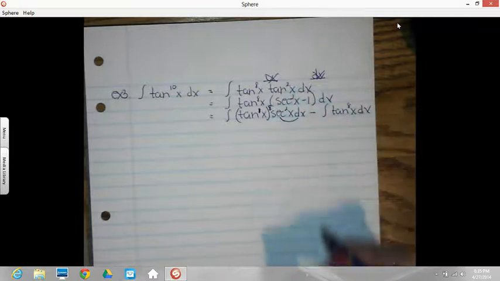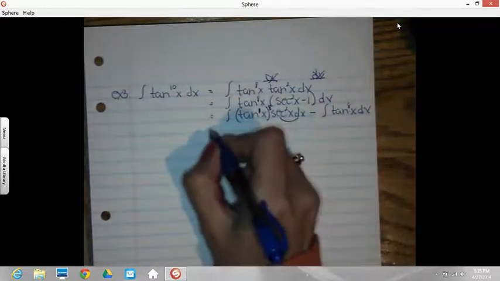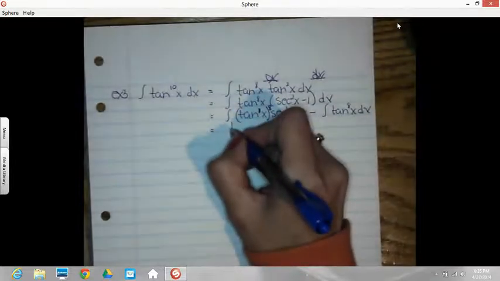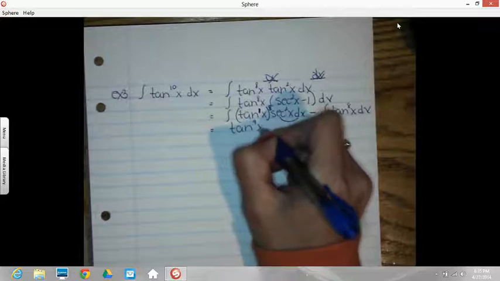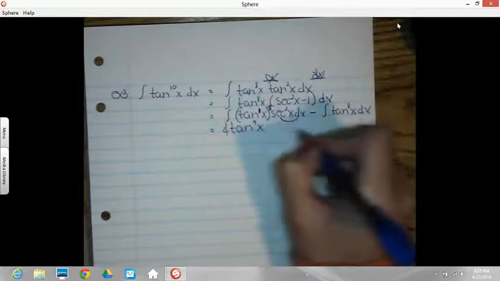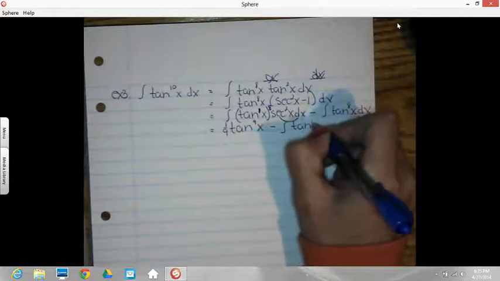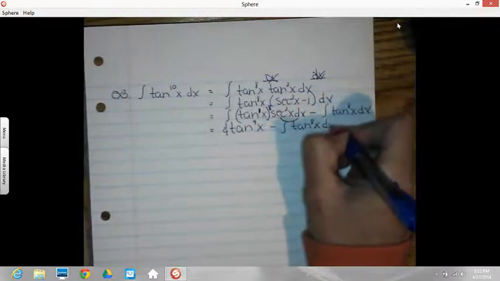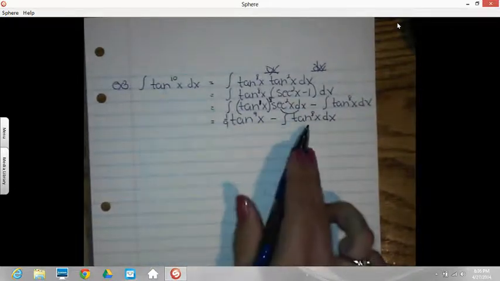I can attach the secant squared to the dx, throw it away, and do my power rule. So I'll have tan to the 9th x times 1/9 minus the integral of tan to the 8th x dx. Now I've got a reduced integral of tangent, and that was my goal.